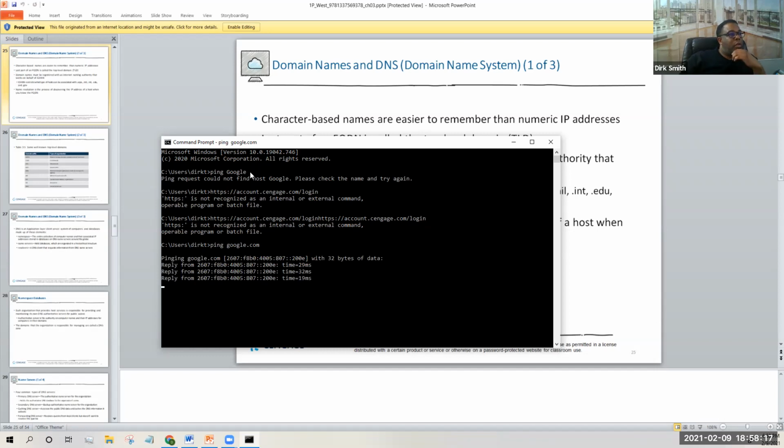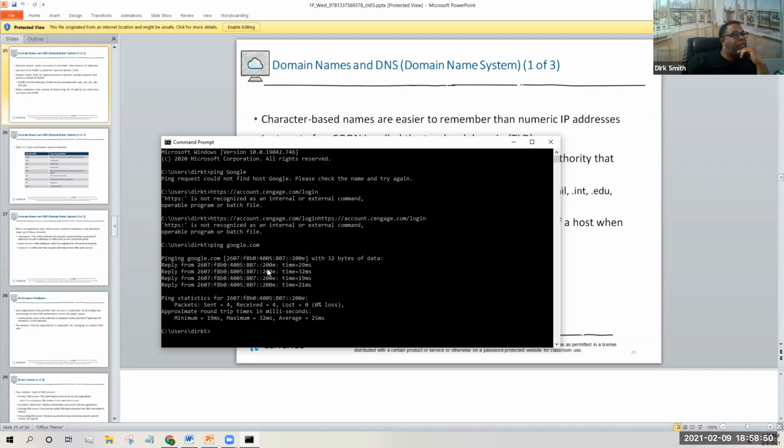All right, so what you see right here is this. We know Google as google.com, but the internet and the computer know Google's name as this IPv6 address right here, which is 2607:f8b0:4005:807, which should have been all zeros, 000e.